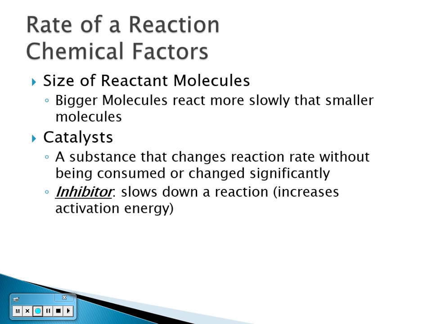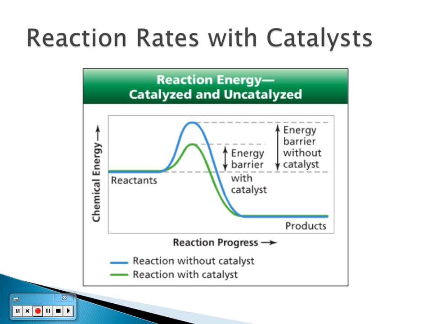If you look at the graph down at the bottom of the page, this is reaction rates with a catalyst and without a catalyst. Notice it changes the size of the hill. It changes the activation energy, or what they refer to as the energy barrier in this graph.